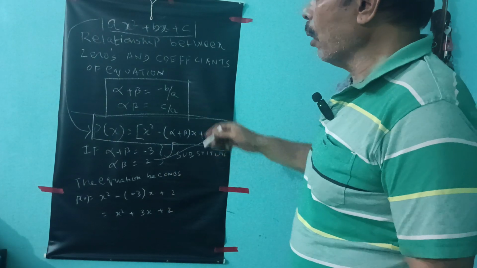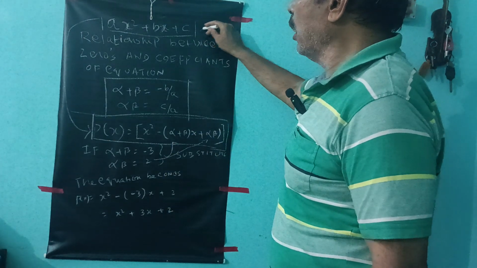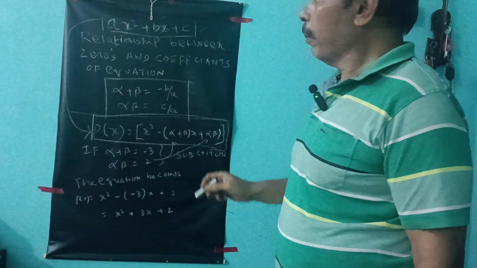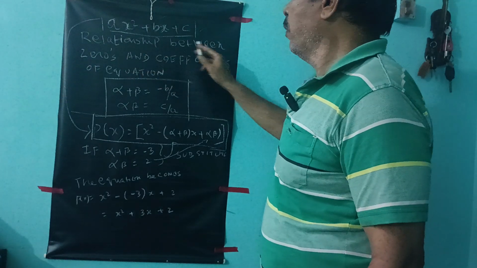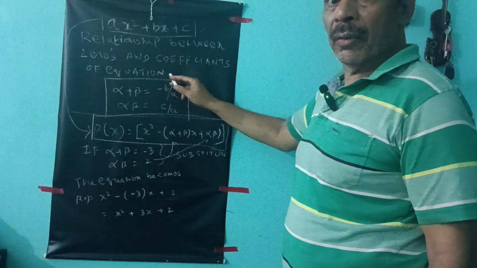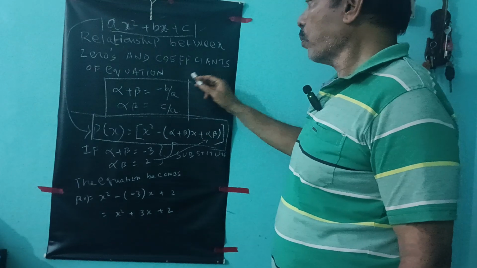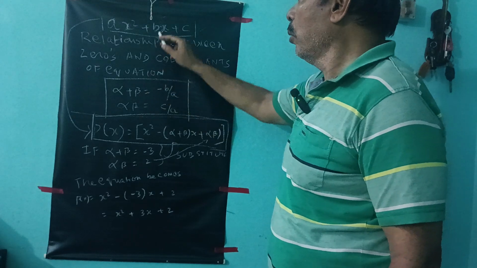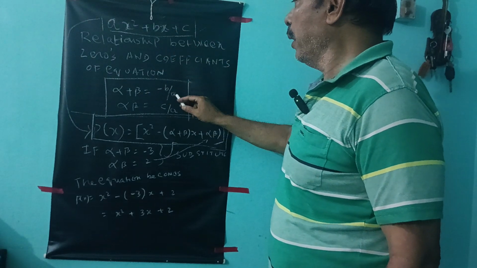Okay. So you know that the quadratic equation is ax squared plus bx plus c. The relationship between the zeros and the coefficients of the equation: these are now the zeros. Alpha plus beta equal to minus b by a.